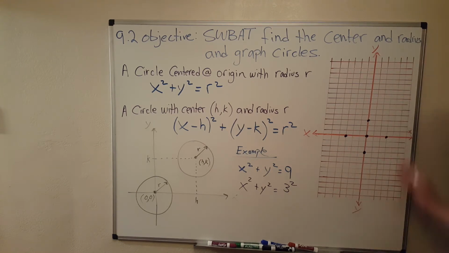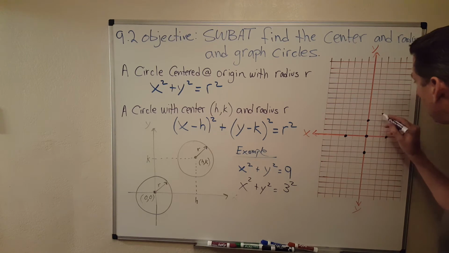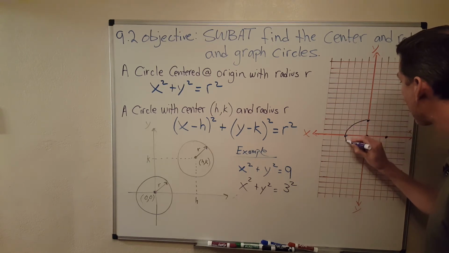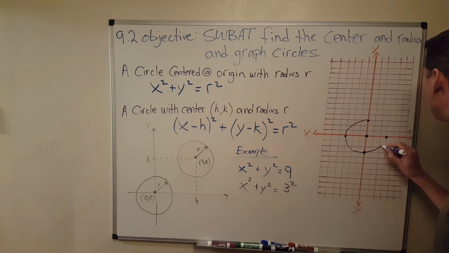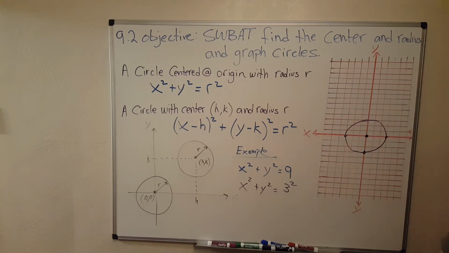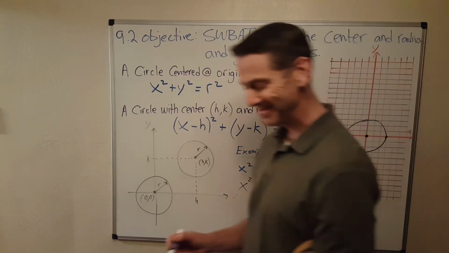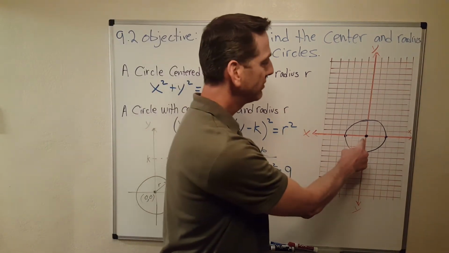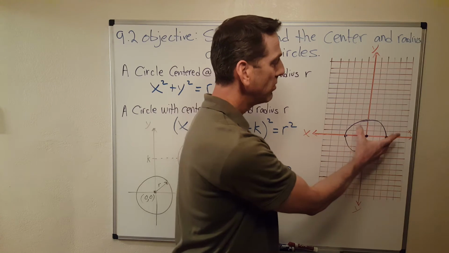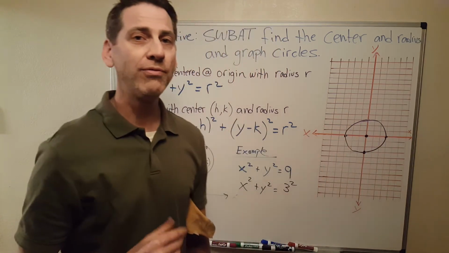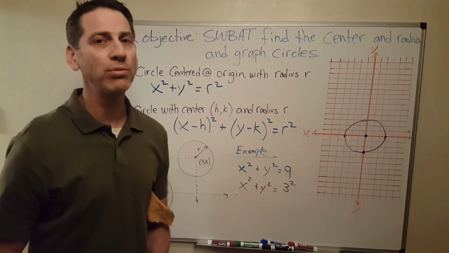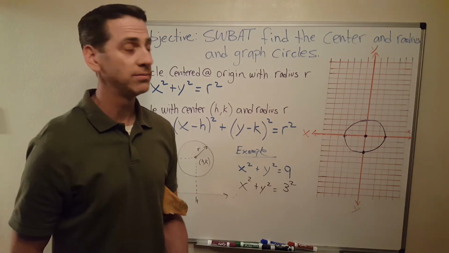My drawing is not to scale here, so my circle might be a little off. I'll just do my best here. Somewhat of a circle. So there's my circle, center at the origin, radius of 3, and there's the graph. Super simple, especially when they're at the origin.